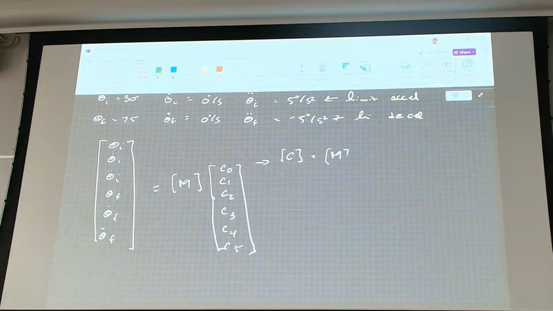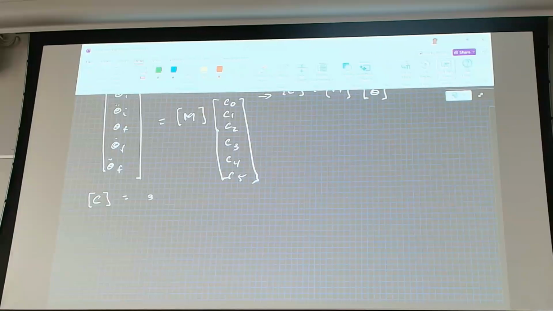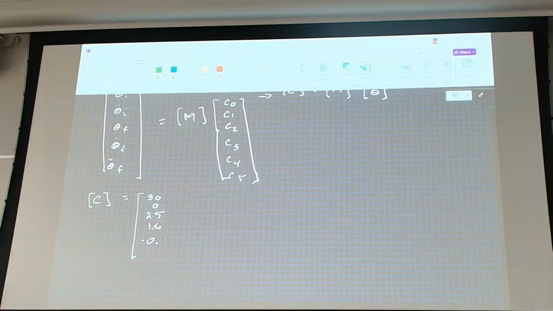our N matrix times theta. So our C's are going to be 30, 0, 2.5, 1.6, minus 0.58, and 0.046.